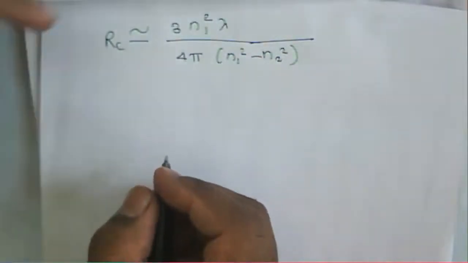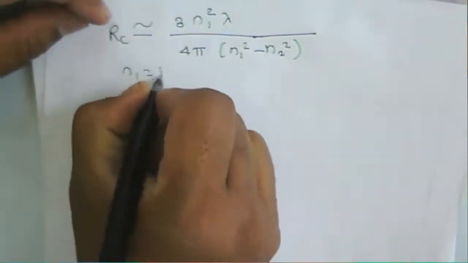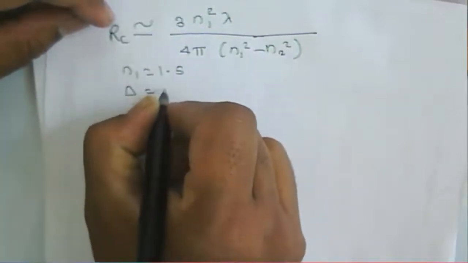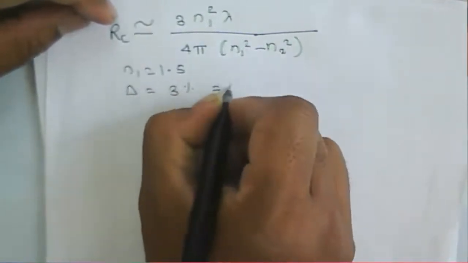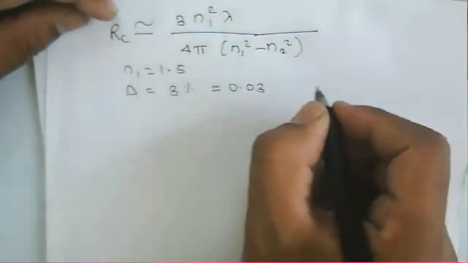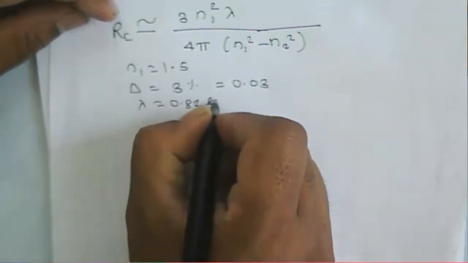Now N1 is given, N1 is equal to 1.50. Delta is equal to 3%, that is 0.03, and lambda is 0.82 micrometer.